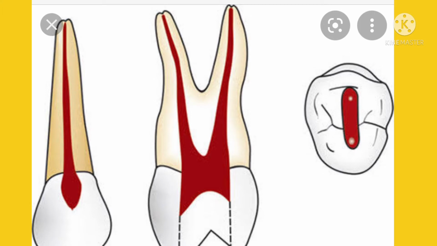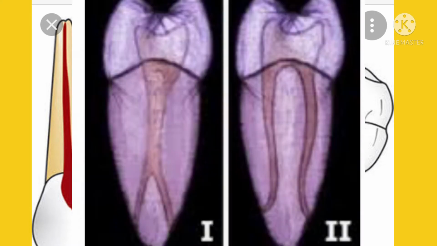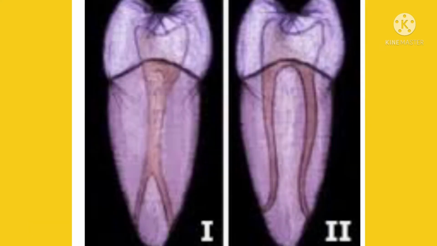Regardless of whether maxillary first premolars have one or two roots, they have two root canals at the apex in 69% of the cases. When fused roots occur, a groove running in an occluso-apical direction divides the root into the buccal and the palatal portion, each containing a single root canal.